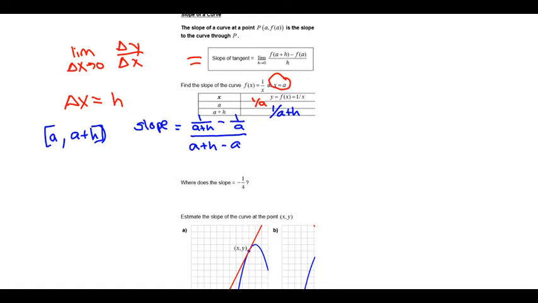So in order to do this problem, we are going to need to find a common denominator for our numerators. So we're going to multiply this part by a and this part by a plus h so that we have a common denominator in our numerator.